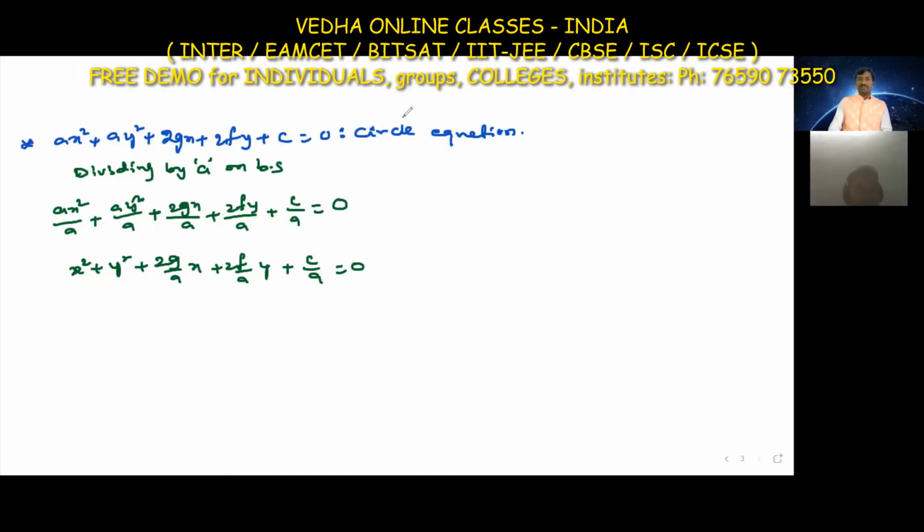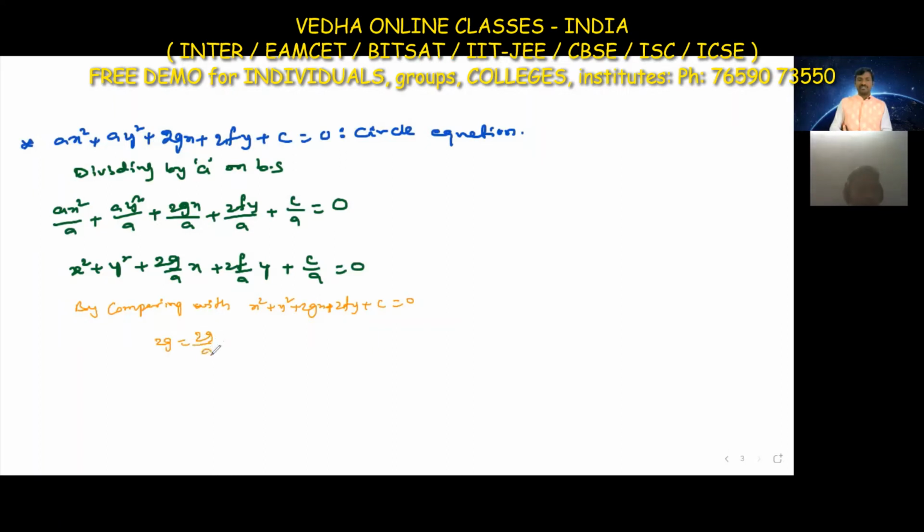So if we compare with the general equation x square plus y square plus 2gx plus 2fy plus c is equal to 0, what is 2g here?